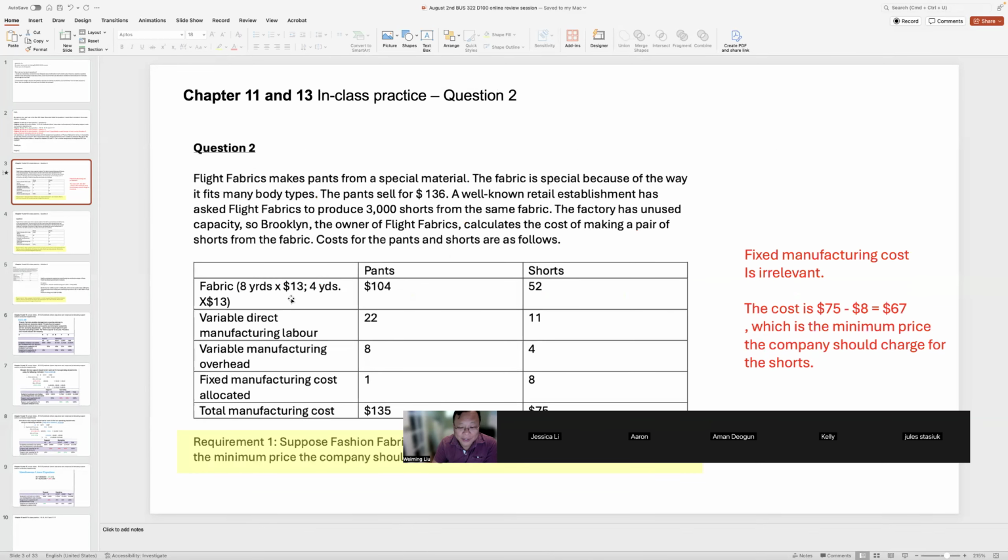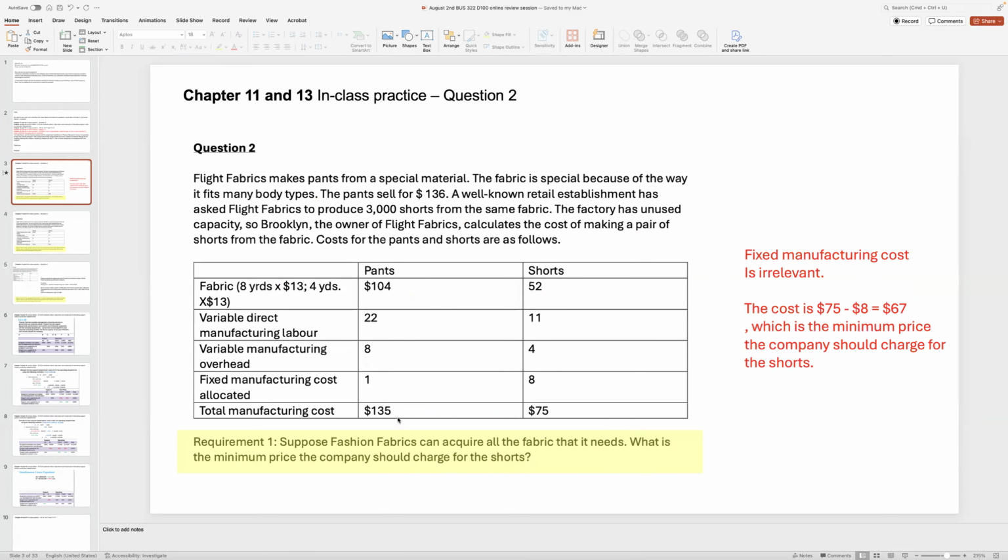The question was asked for this 11 and 13 question. The question is about the minimum price. You learned about the transfer price. So the question goes like this: Flight Fabrics makes pants from a special material.